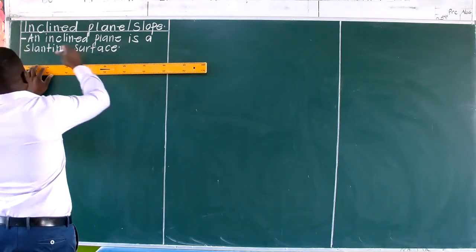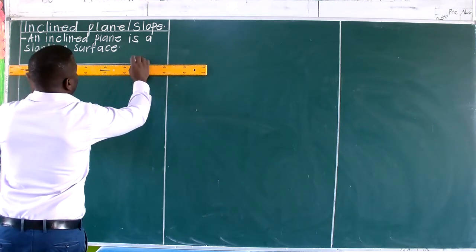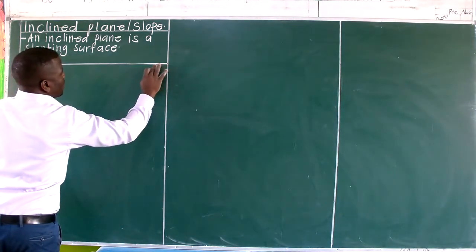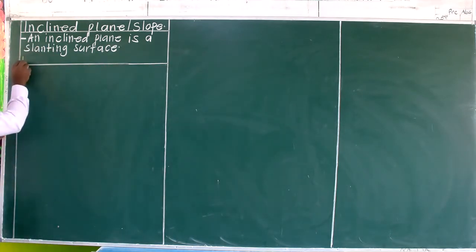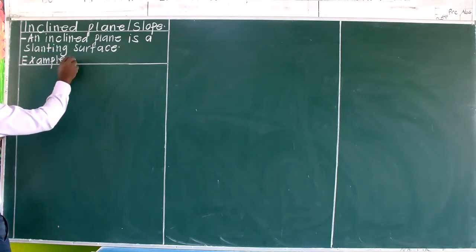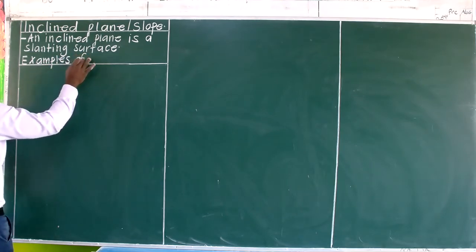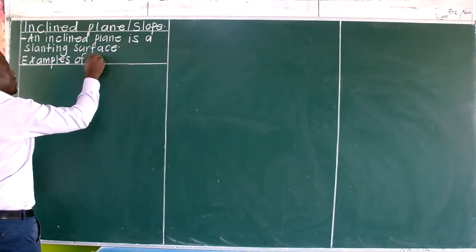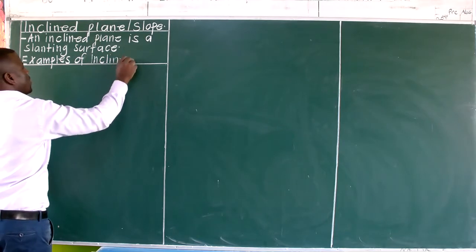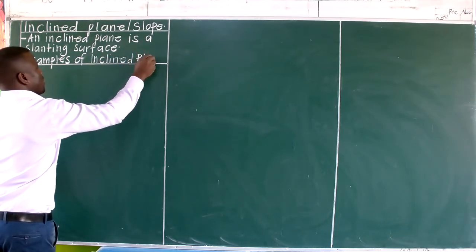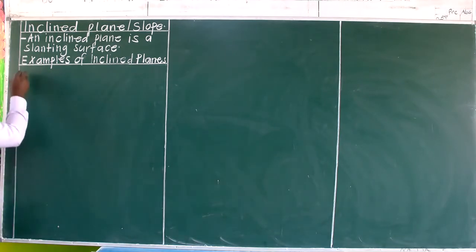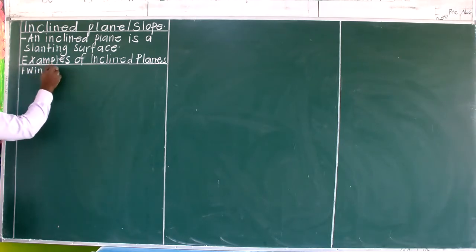Examples of inclined planes. One, we have a winding road.